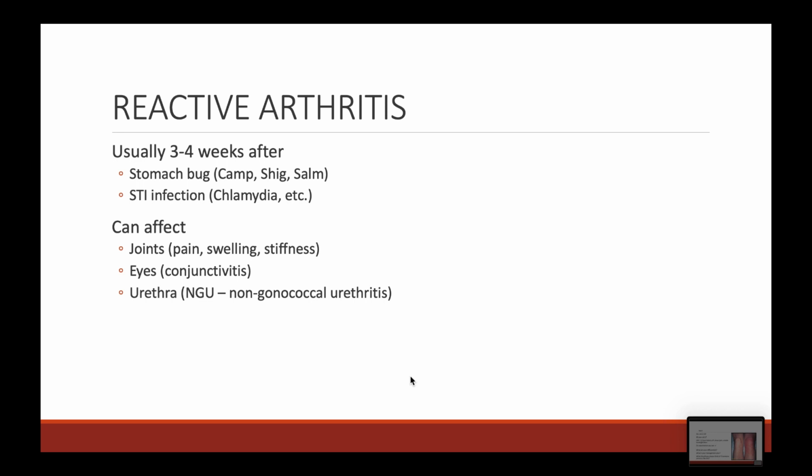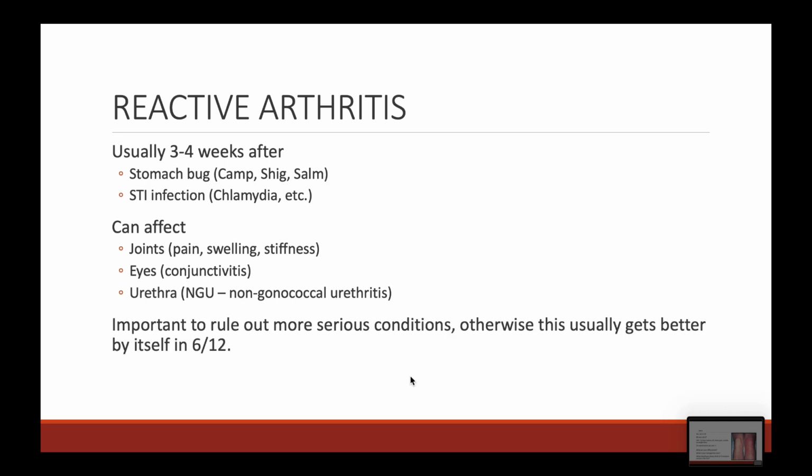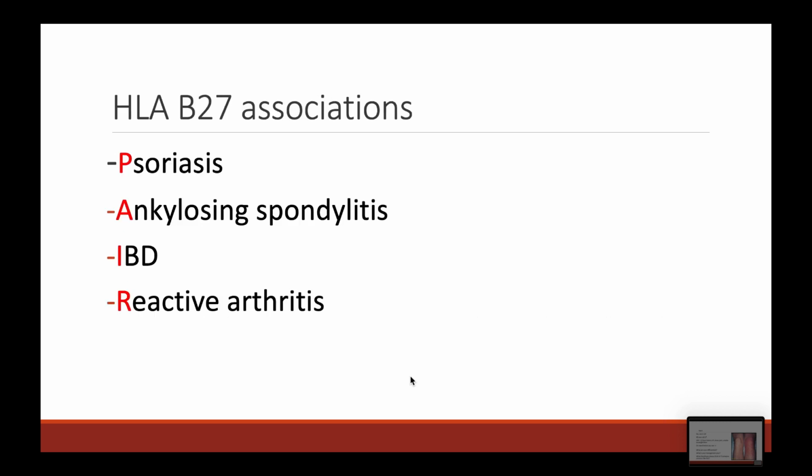Otherwise, if you've ruled that out and you know that reactive arthritis is the definitive diagnosis, then the patient would normally get better by themselves, within around 6 months to fully recover. So therefore, you would treat this mostly conservatively with analgesia, such as NSAIDs. So here are a few conditions that are also related to HLA-B27.